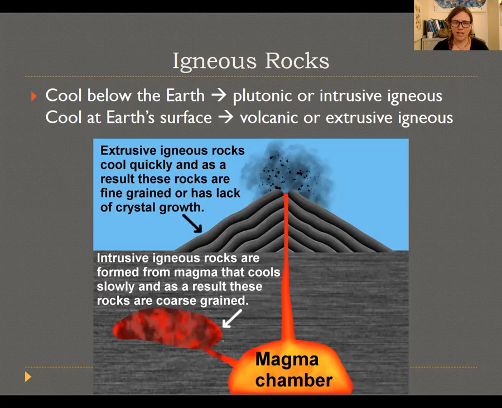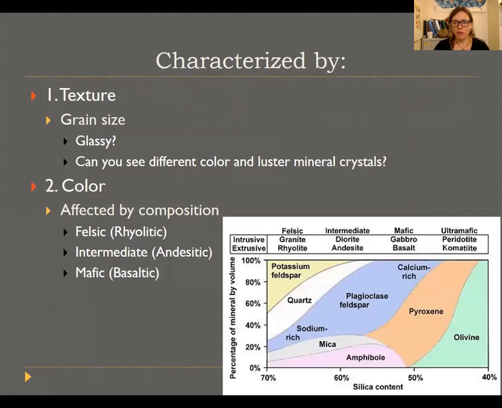So when we try to classify or characterize these rocks to figure out what we're looking at, one thing that we're going to look at a lot is what we call the grain size, or basically the size of the different mineral fragments. So a couple slides ago, I showed you a picture of granite where you could clearly see little white flecks and little black flecks and little brown flecks all mixed together.